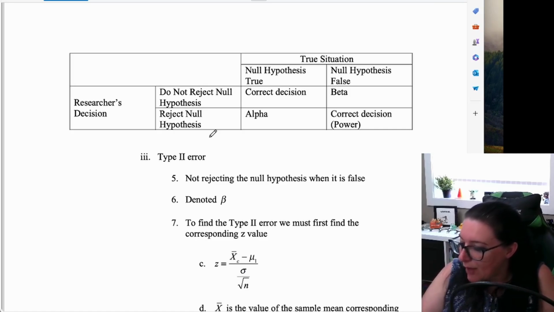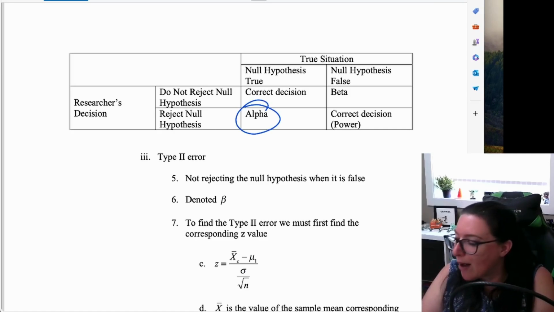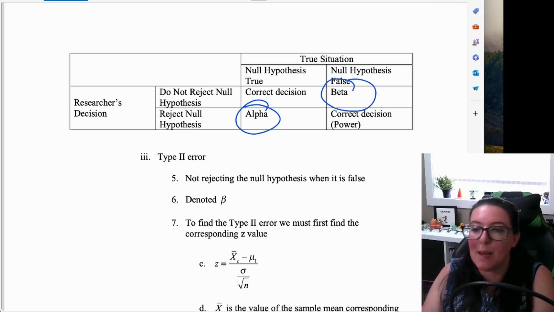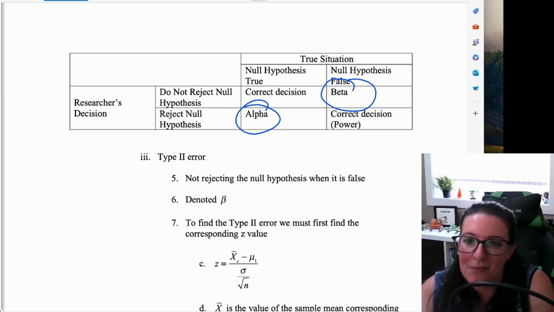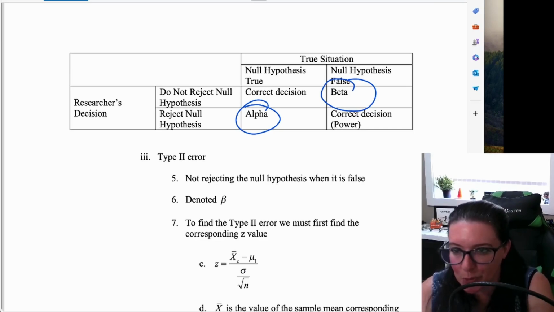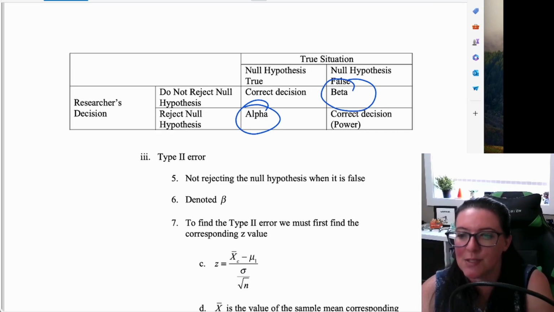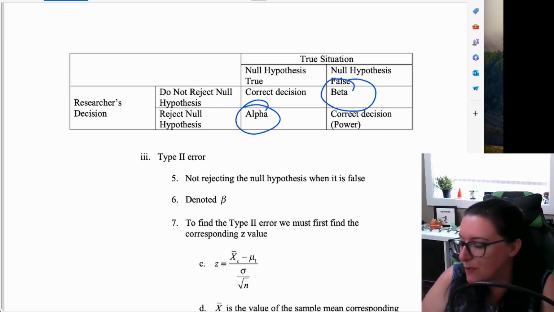So we have alpha, type 1 error, and beta, type 2 error. So you make the correct decision if you don't reject the null hypothesis when the null hypothesis is true. And you make the correct decision if you reject the null hypothesis when the null hypothesis is false.